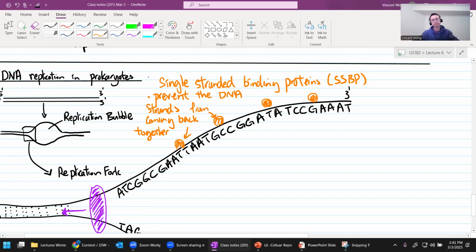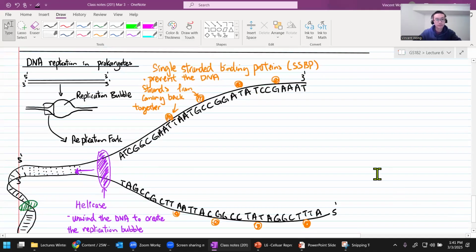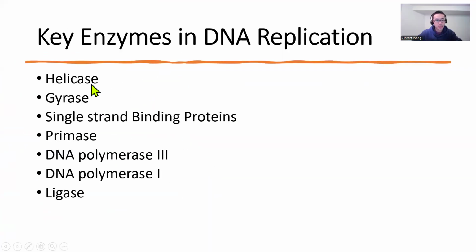Keeps them apart, so they're not going to reconnect. Okay, so those are the three proteins at the top of the list here: helicase, gyrase, and single-strand binding proteins.